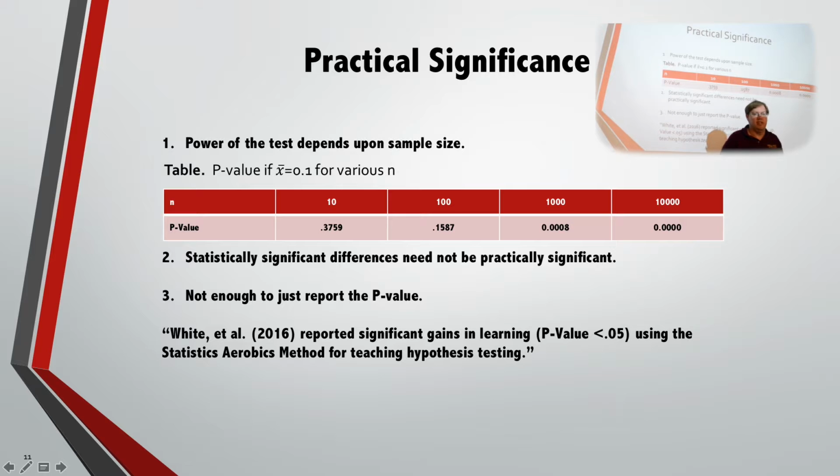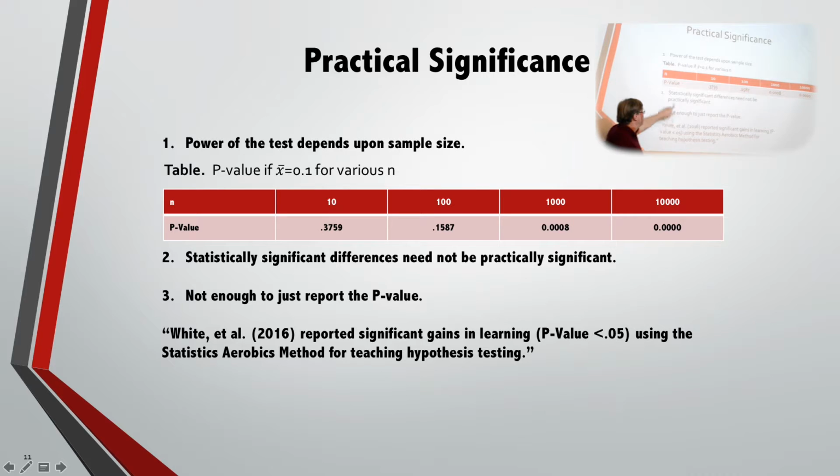We haven't talked about the context at all, but if it took a whole year to teach them and all they learned was 2% more than they knew at the beginning of the year, that would not be so hot. This practical significance is very context dependent. It depends on the context you're looking at. It's based on what your expertise is, what you know about what's important about this problem.